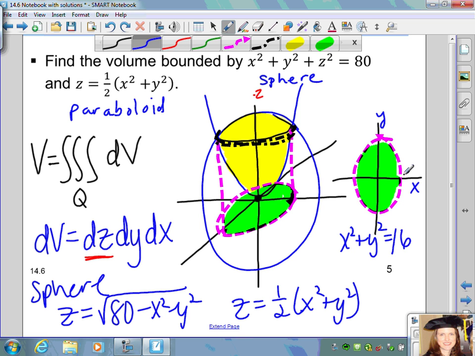So that's the equation of a circle, and the radius of that circle is equal to 4. What this is going to help us do is determine the bounds of integration for y and x.